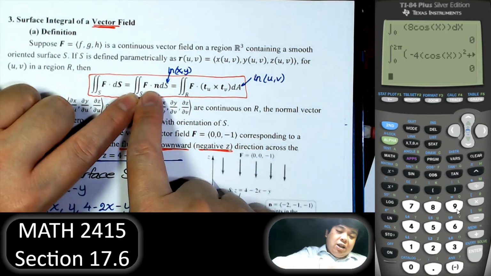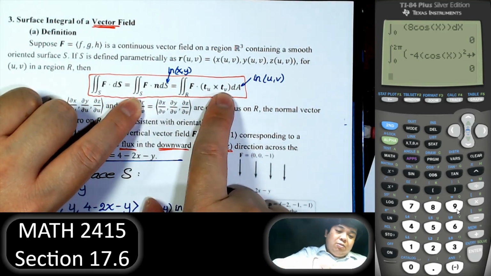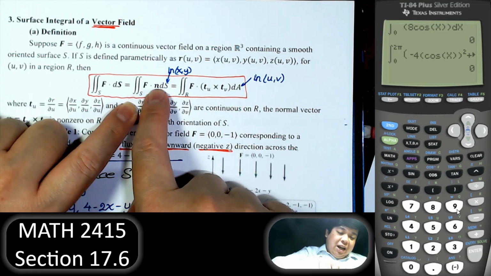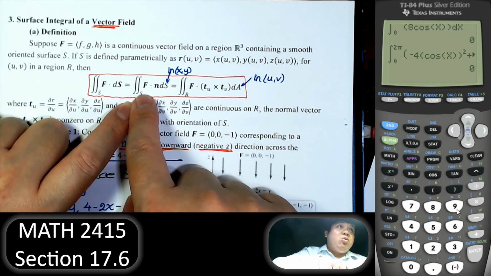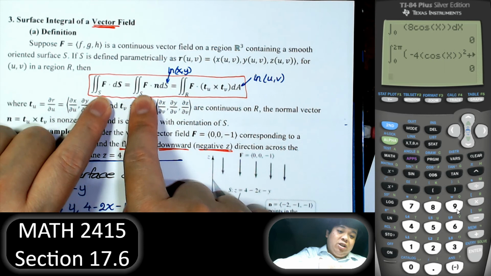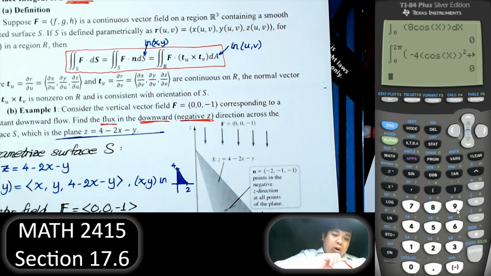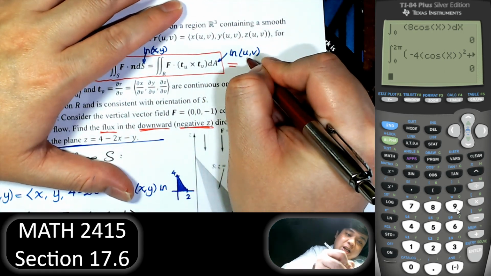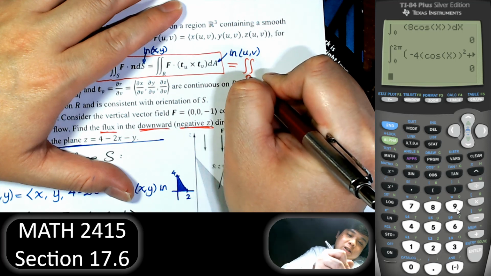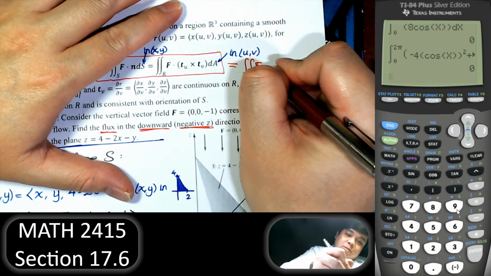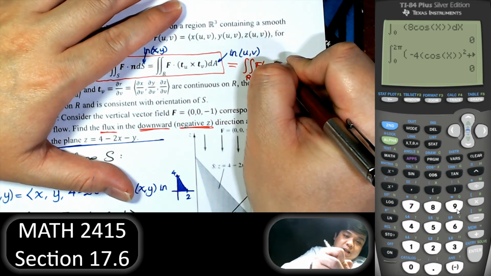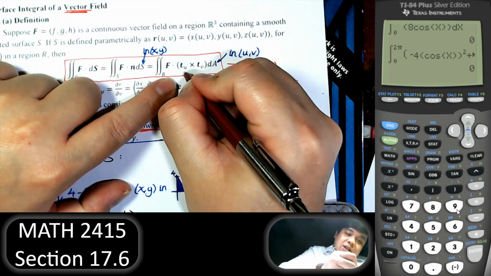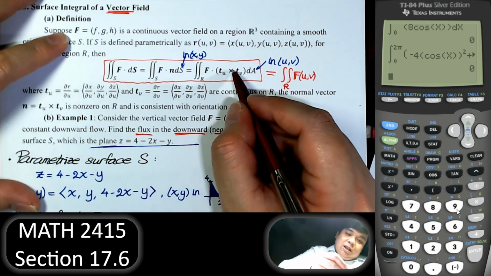So if we write like this, it is fine. This is in terms of x and y, that's why this is still S. S is the region of x and y. So a way to rewrite this, we can say, if there's a way we can write the vector field in terms of the parameters u and v, and then this is the normal vector.